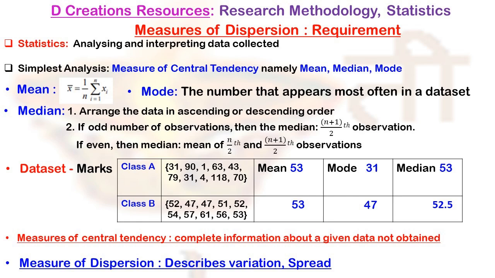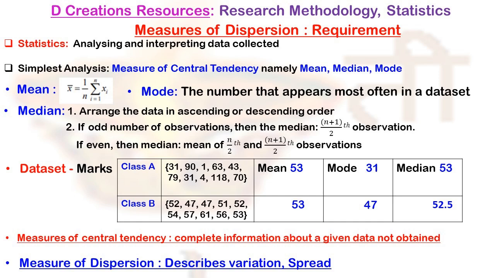Finding median is also not difficult. You just have to arrange the numbers either in ascending or descending order. And if the number of observations is odd, then the median is the (n plus 1) by 2th number. For example, if there are 7 numbers, then it will be 7 plus 1 by 2, that means the fourth number in your arranged numbers would be the median.